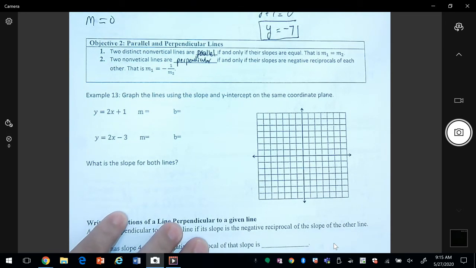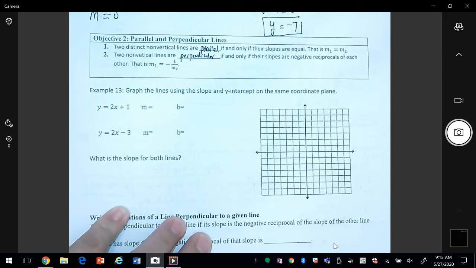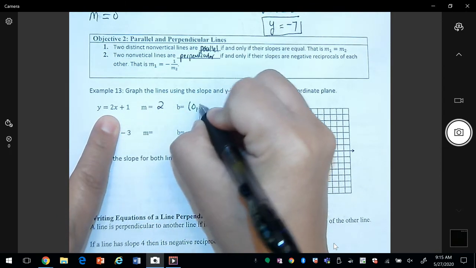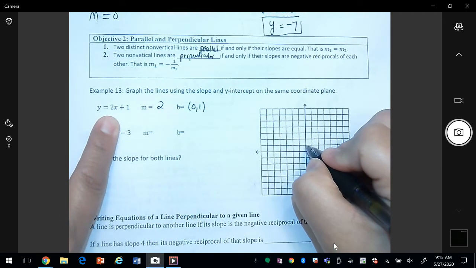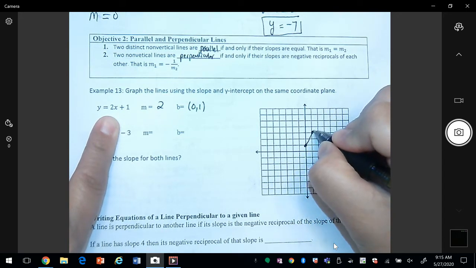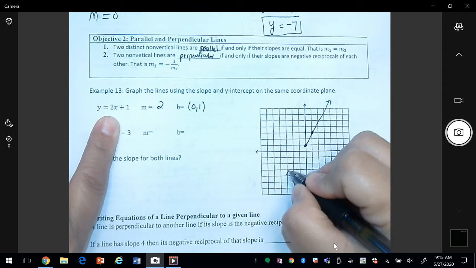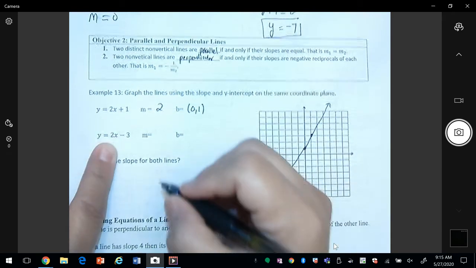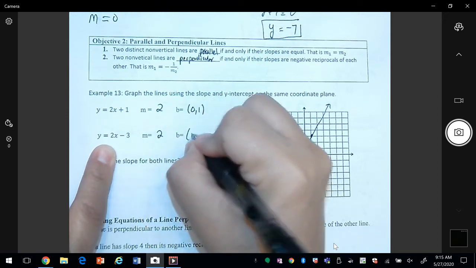Graph the lines using the slope and y-intercept on the same coordinate plane. So here I can see that my slope is 2 and my y-intercept is 1. So I'm going to graph that, go up 2 over 1. So my line is this right here. And then this one is 2 and 0, -3.